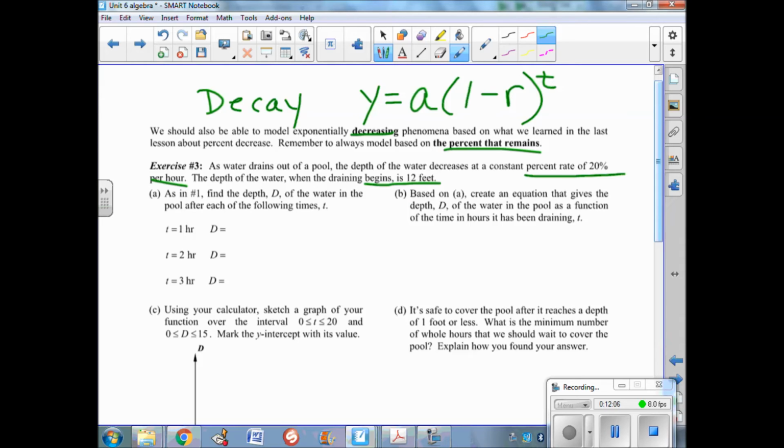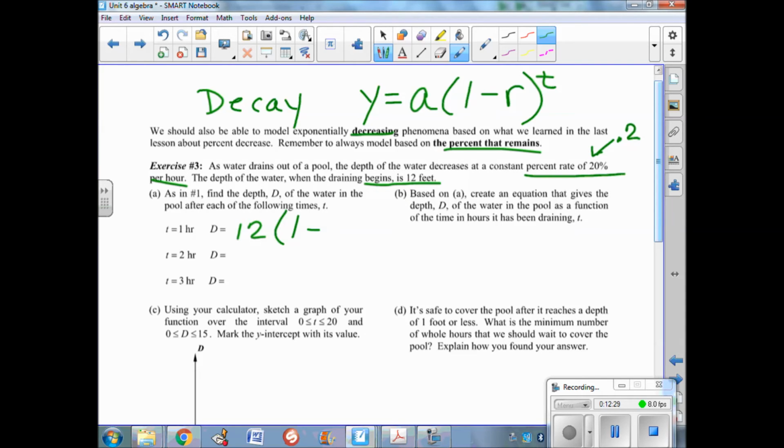So let's look. After 1 hour, the depth of our water, we initially started with 12 feet, and then we're decreasing 1 minus, what is our percent rate that we're decreasing by? Our percentage is 20%, but what is 20% as a decimal?